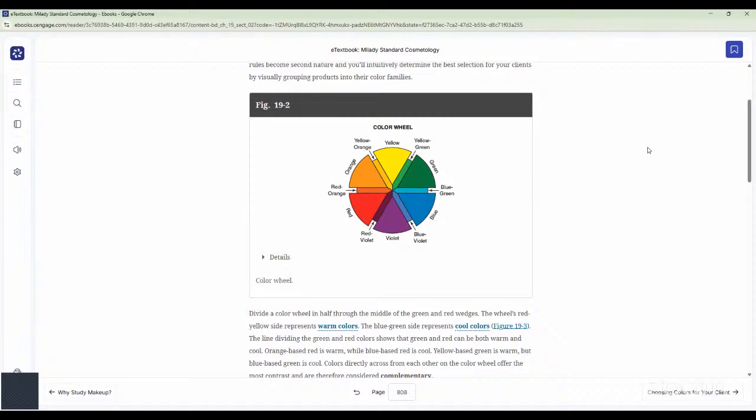So it doesn't matter what racial background, ethnic background they are, if they fall into the category of people of color, you can find some yellow, some orange, or some red undertone in their skin. Okay? Yellow, warm, red undertone in their skin. And actually, if you go South African, you may be able to find some red violet, like purple, red violet undertone in their skin.